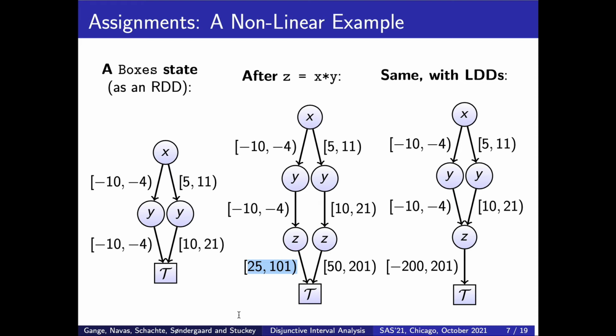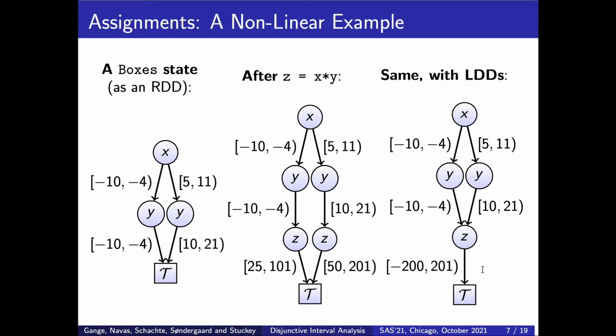So as I mentioned, LDD-based analysis does not lend itself to nonlinear expressions as we have here, which is why we picked this particular assignment. The best we can do is what is shown here on the right, where the overall bounds of x and y are used to calculate the bounds on x times y, just as we do in classical interval analysis.